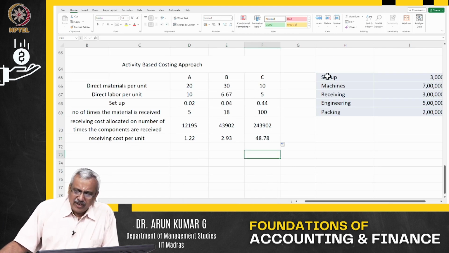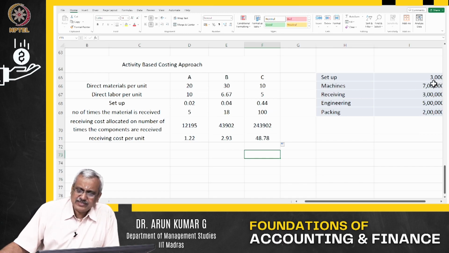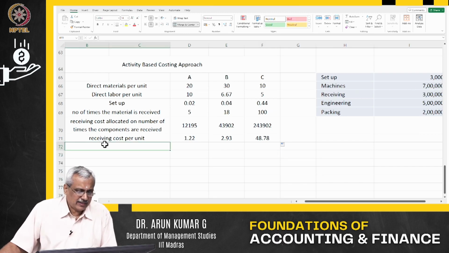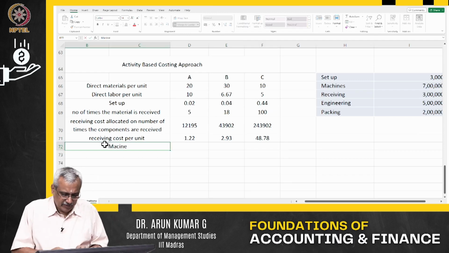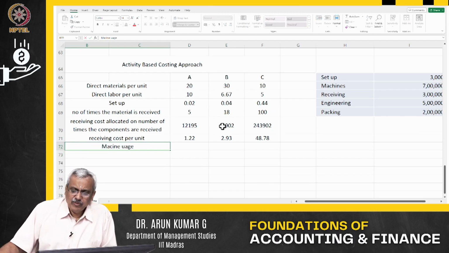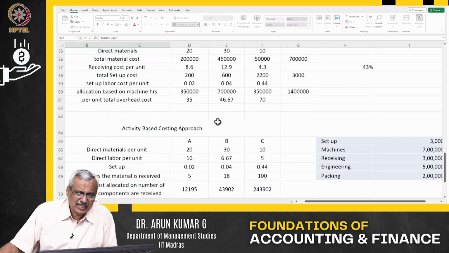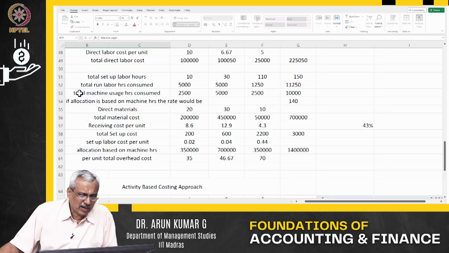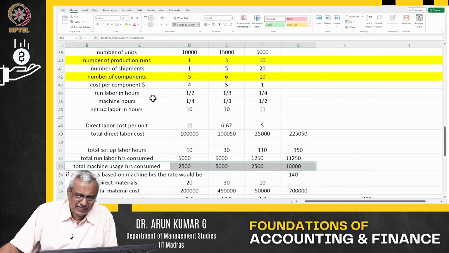I have finished setup and I have finished receiving. Now let us look at machines. Machine usage is 700,000. Machine usage is basically dependent on the number of machine hours consumed.